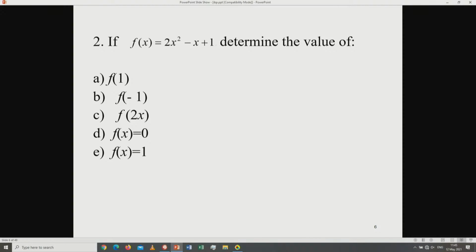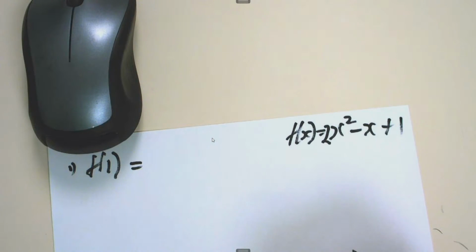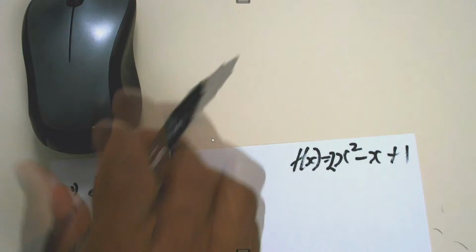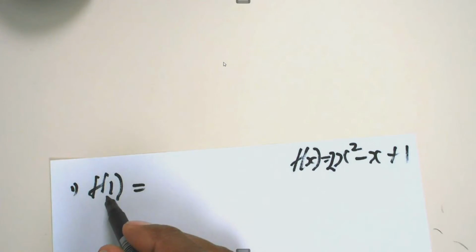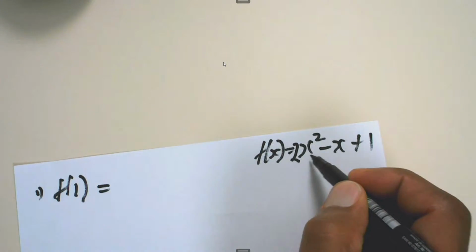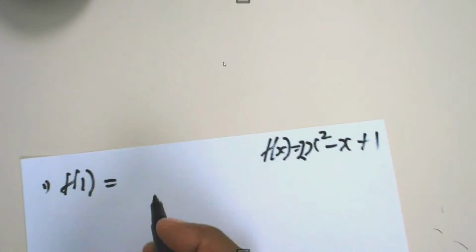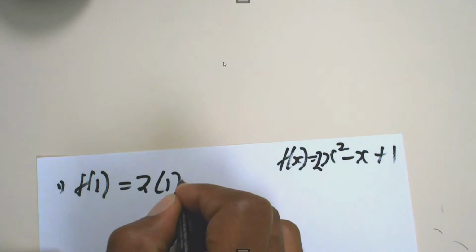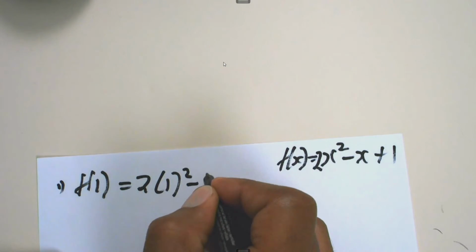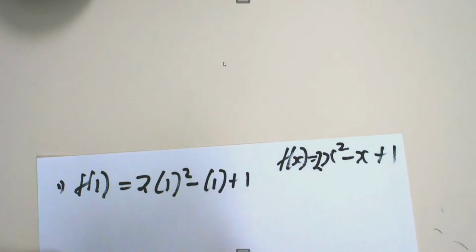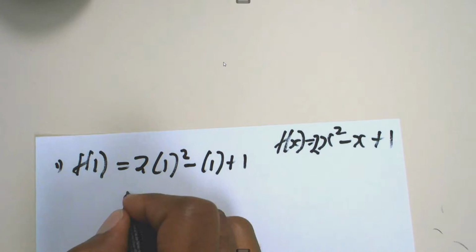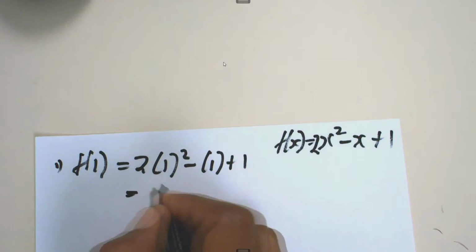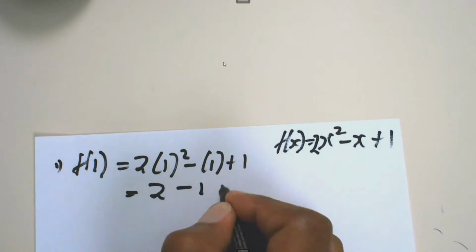That is the equation. So if I'm to respond to that equation, now we know that f(1) means that wherever we see x, we replace it by 1. So this is 2x² − x + 1. So now we have 2, and in place of x, we replace it by 1 squared, then minus 1, then plus 1. Just substitute it in. Therefore, 1 squared is 1, then 1 times 2 is 2, then minus 1 plus 1.